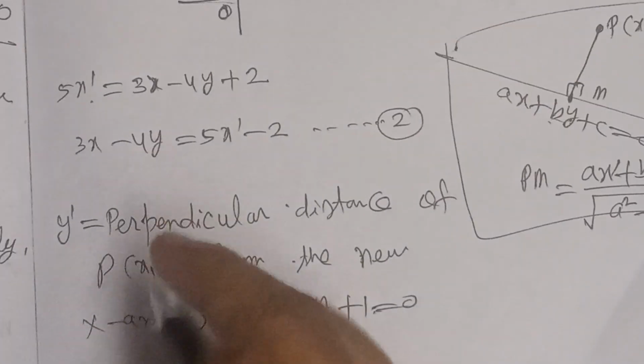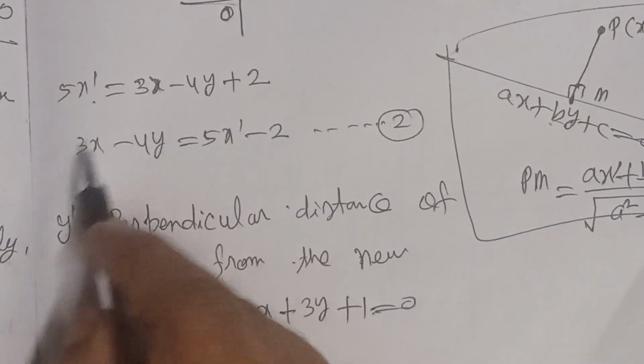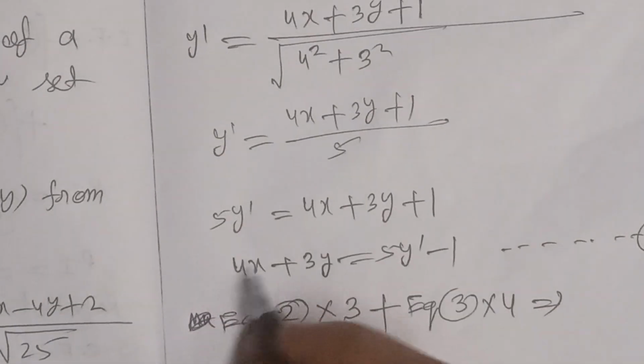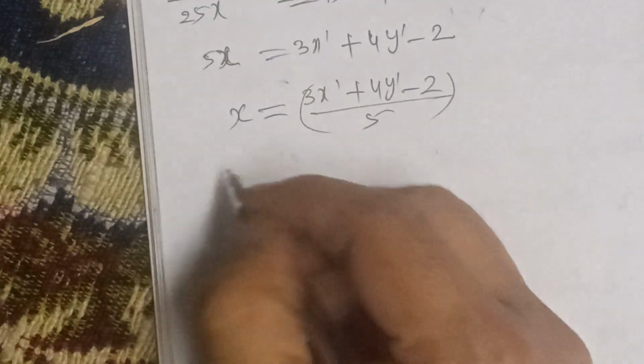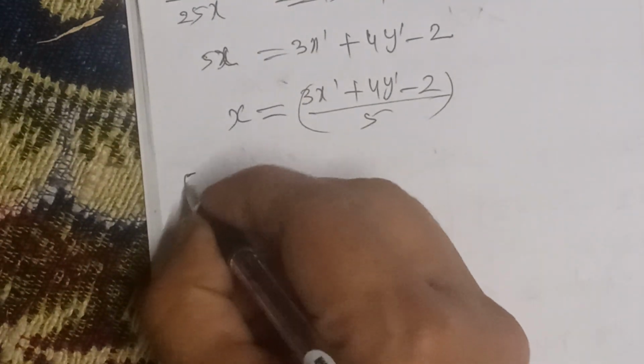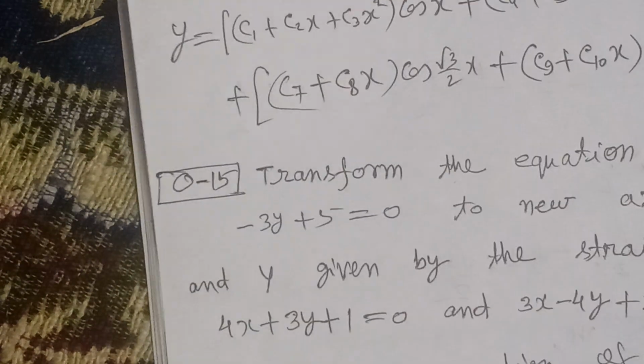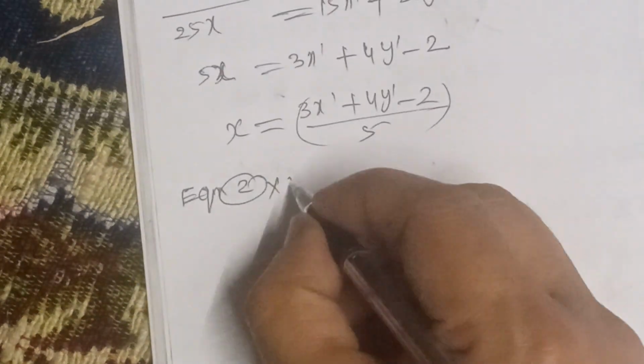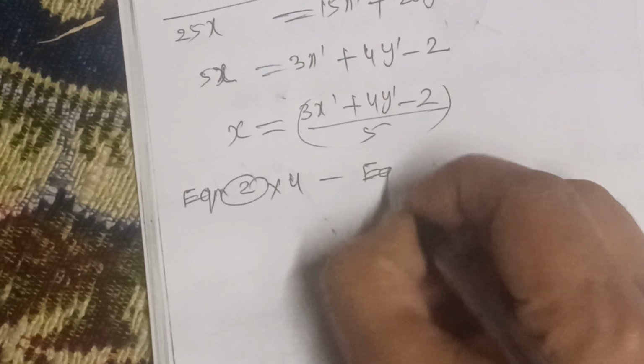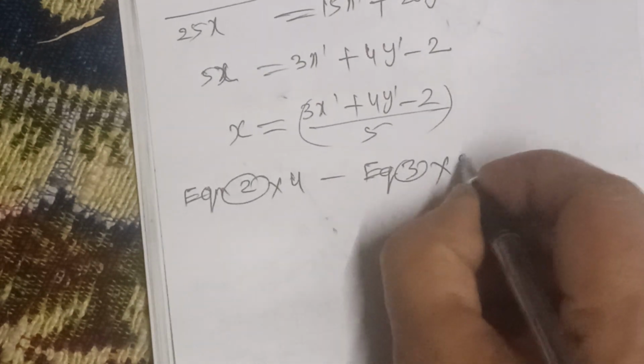I apply the elimination method. So the coefficient of x should be equal. For this, multiply equation 2 by 4 and equation 3 by 3. I write this here, subtracting equation 2 multiplied by 4 minus equation 3 multiplied by 3.